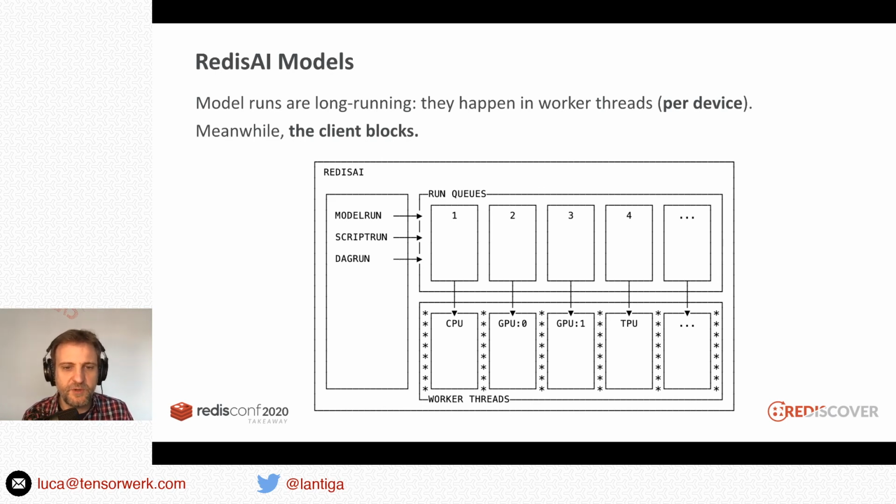So we have separate worker threads and separate queues. So when you ask an execution for a model and that model has been set on GPU 1, it will end up in the queue for GPU 1, and then there will be a number of threads that consume the computation. By default, it's 1.